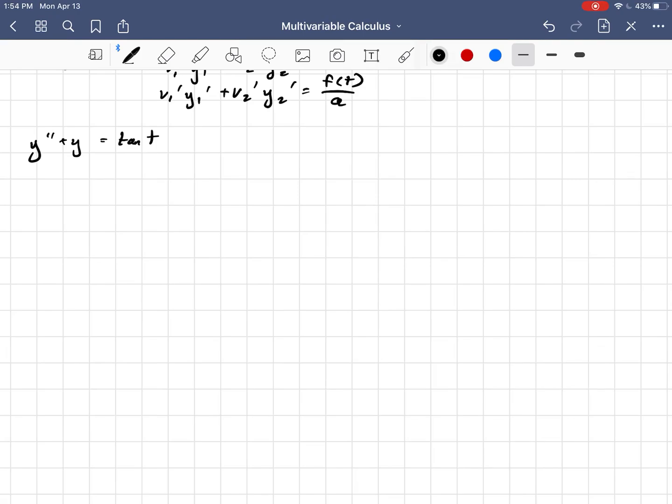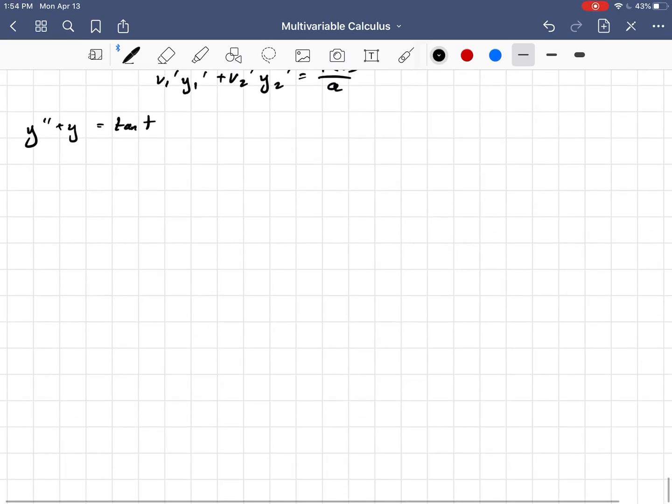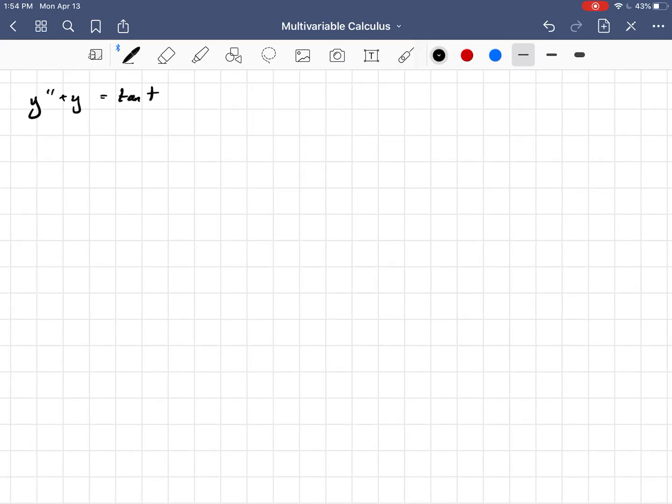Because when we differentiate tangent, we would be getting a secant squared and then a 2 secant cubed tangent, and so there isn't any predictable pattern in the derivatives of tangent. That's why we need the variation of parameters here.